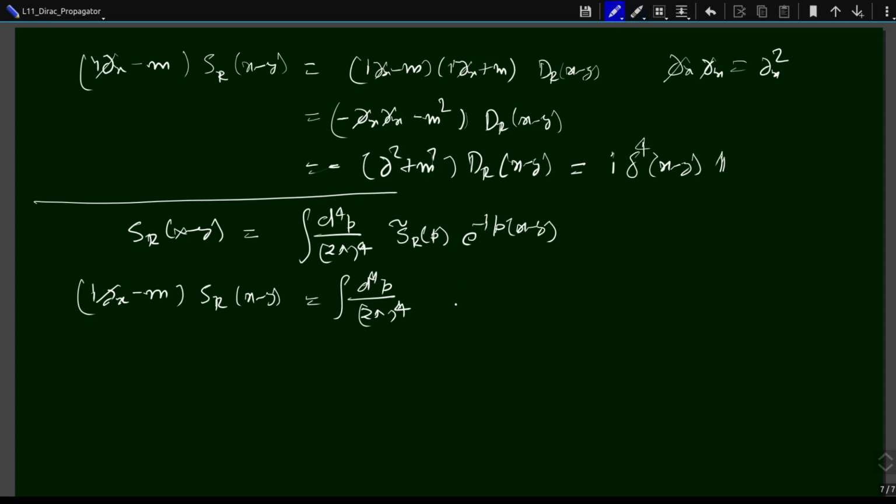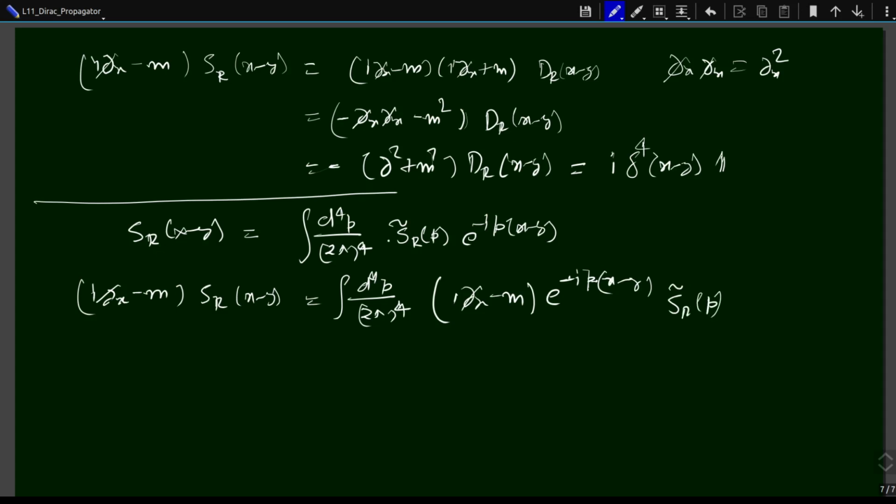This doesn't have x in it, so I can write this phase factor in front. Let me write (i ∂̸_x − m) acting on exponential of −i p·(x − y), and then S̃_R(p), because in general this could be a matrix.